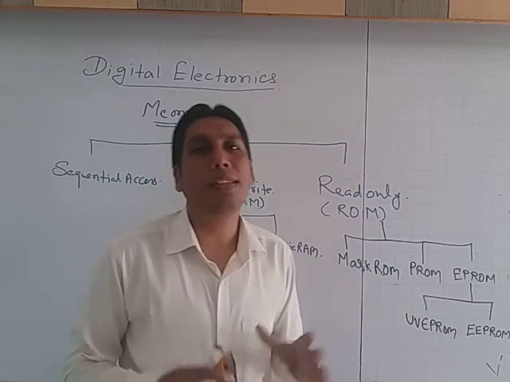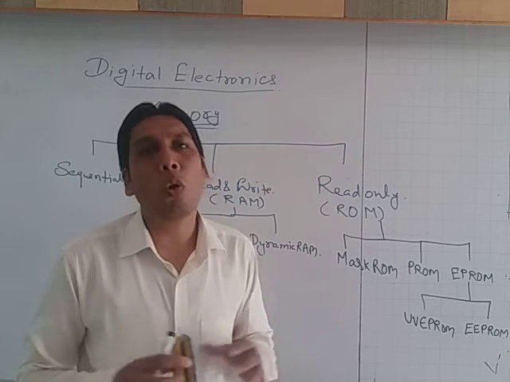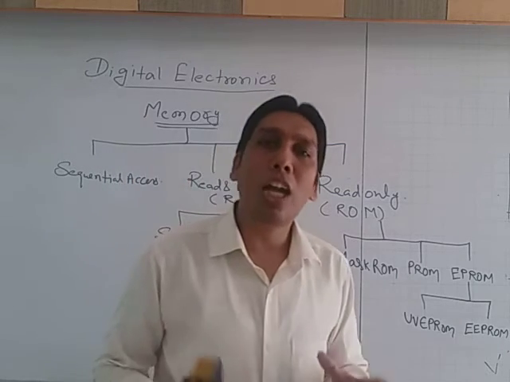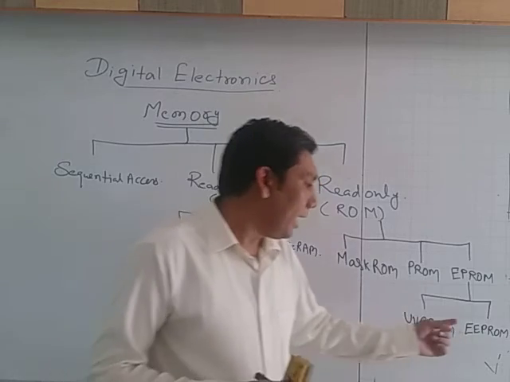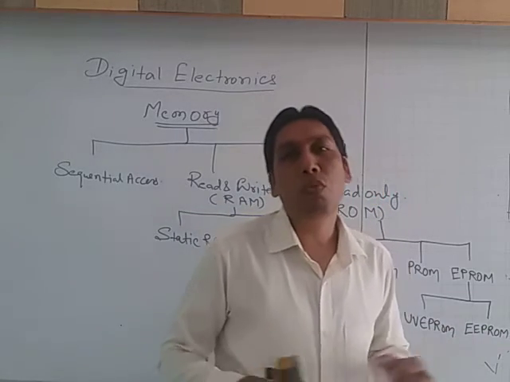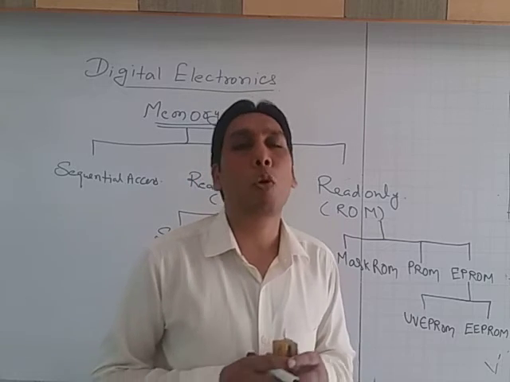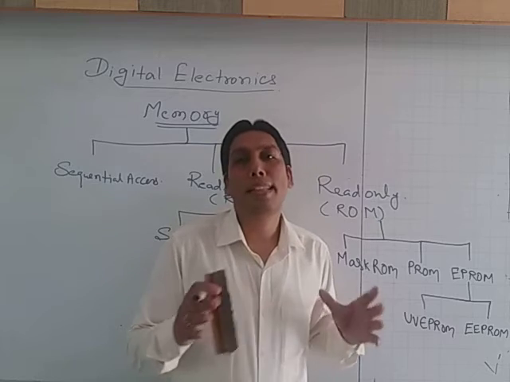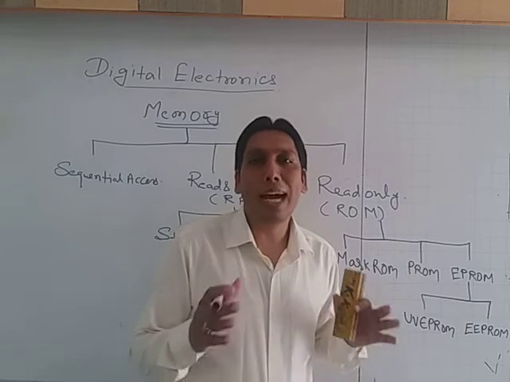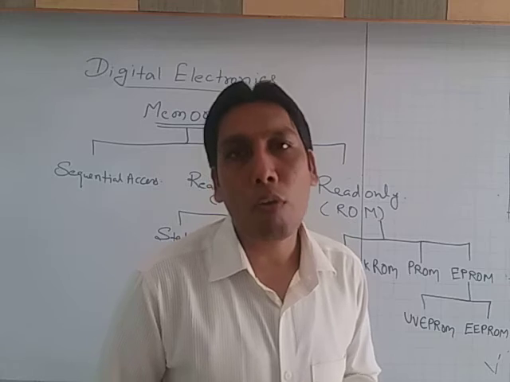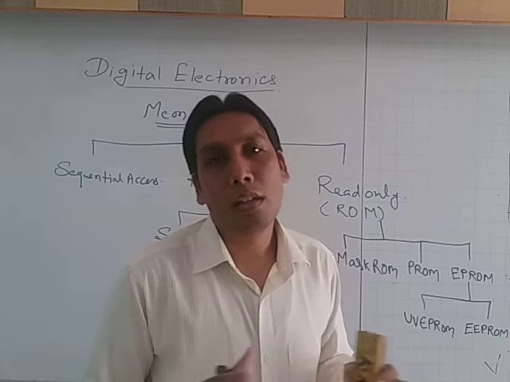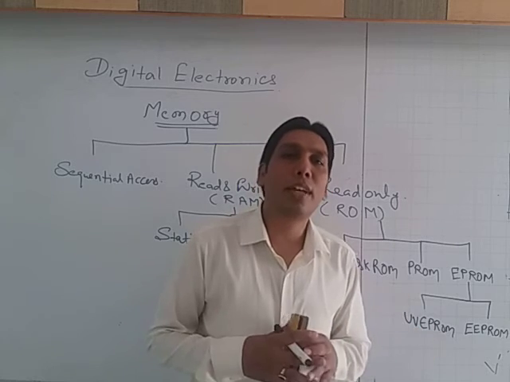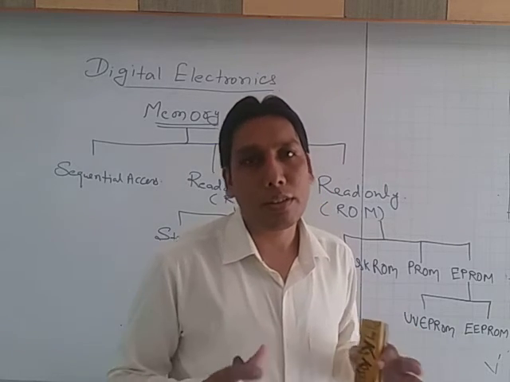UV EPROM is that type of EPROM in which the data is erased with the help of ultraviolet rays, and EEPROM stands for electrically erasable programmable read-only memory. That means it is that type of memory whose data is erased with the help of electric current. We apply electric current and the data present in that memory can be erased.